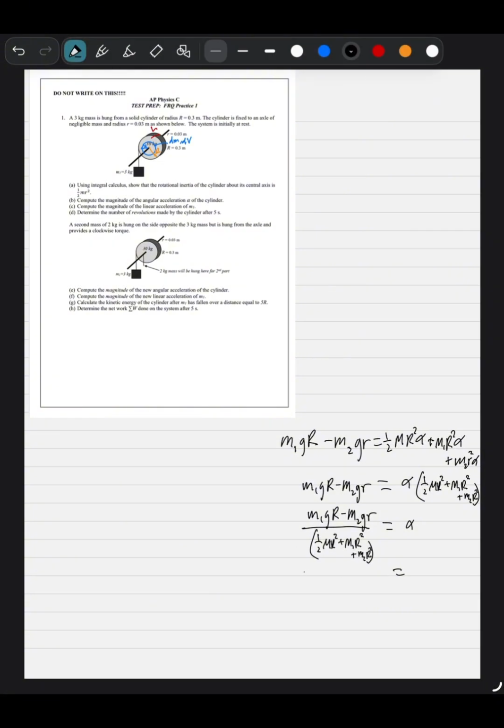So m1 is 3. Alpha would be 5.0758 rad per second squared.